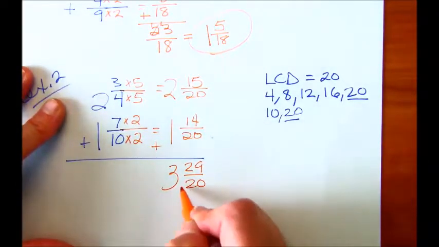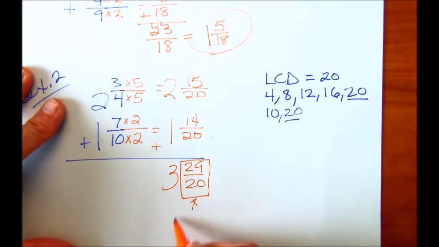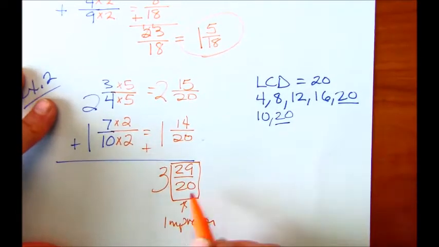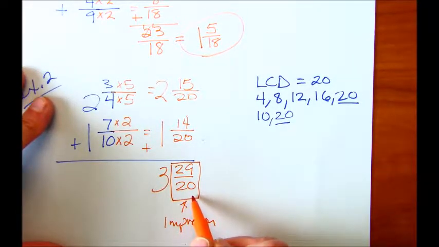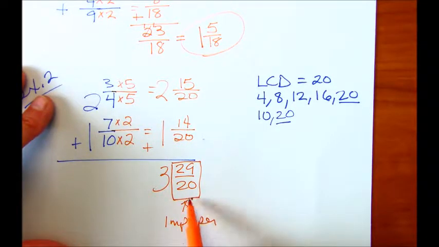Now notice this portion of the mixed number is improper. So like the last problem, we want to convert that improper fraction to a mixed number, and then that whole number that we get from this improper fraction, we're then going to add to the 3.